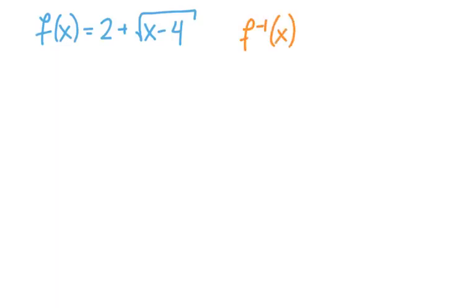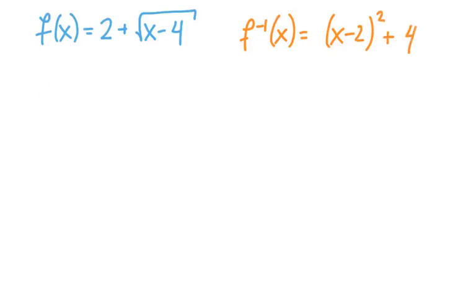So last little thing, we've really exhausted this example, but I'm just going to wrap up with one last connection to domain and range. Throughout this video, we worked with function f being 2 plus the square root of x minus 4, and we worked with finding that f inverse of x was the quantity x minus 2 squared plus 4.